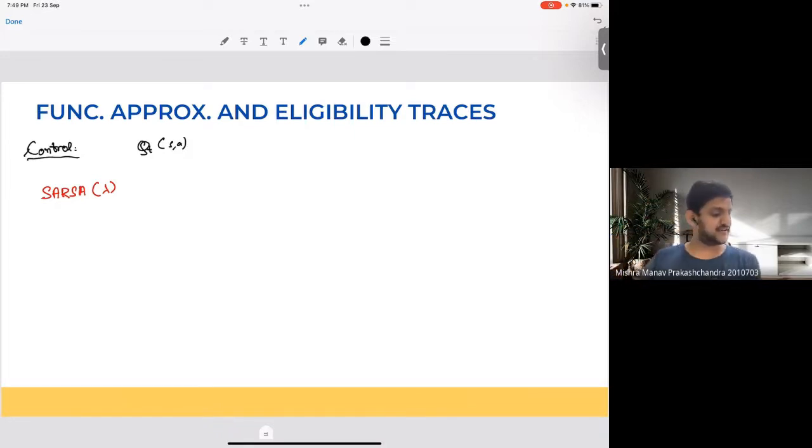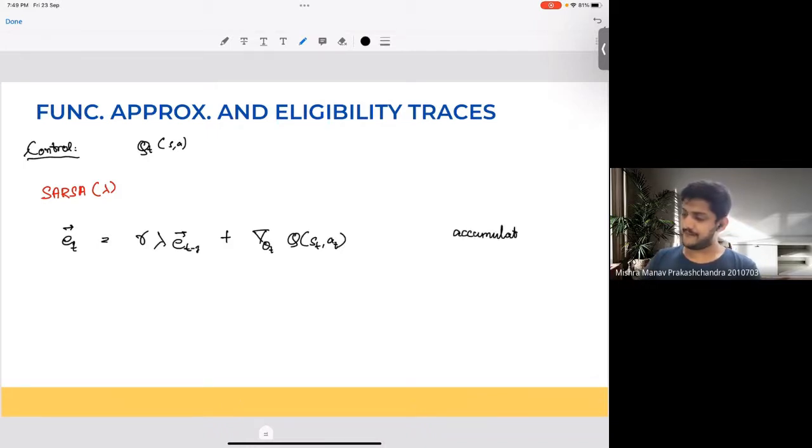So we start with Sarsa lambda. For Sarsa lambda, my e_t definition looks similar to what I had defined earlier, but in the gradient part, instead of V, I take the Q function. So this is for accumulating traces.